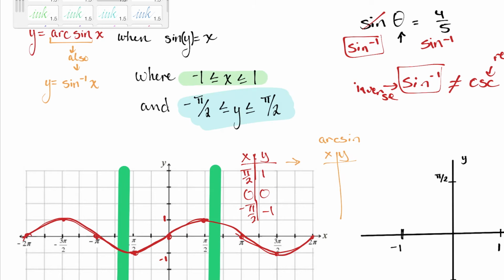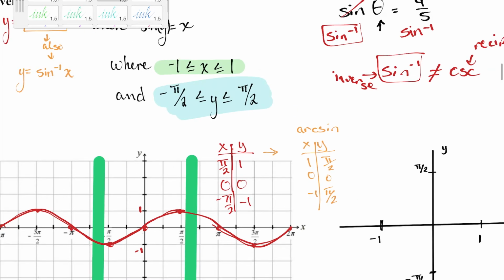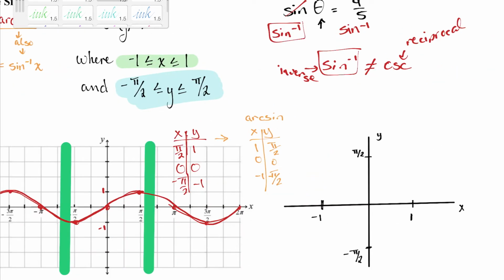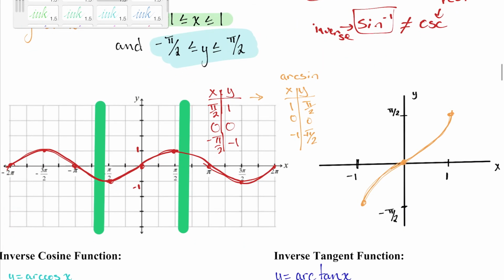My x and y trade places. So I'd have 1, 0, -1 and pi over 2, 0, negative pi over 2. It ends up looking a bit like this. And there we go, we have our function for the arc sine, or the inverse sine if you want to do sine to the -1.